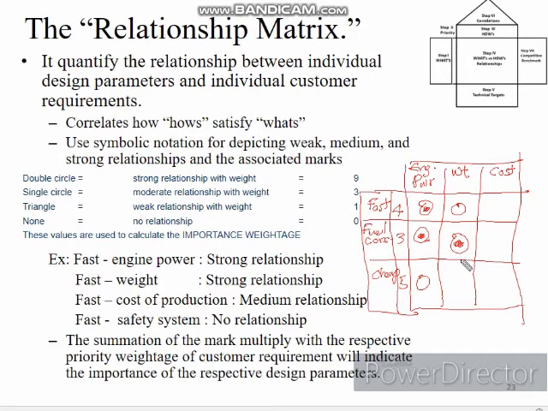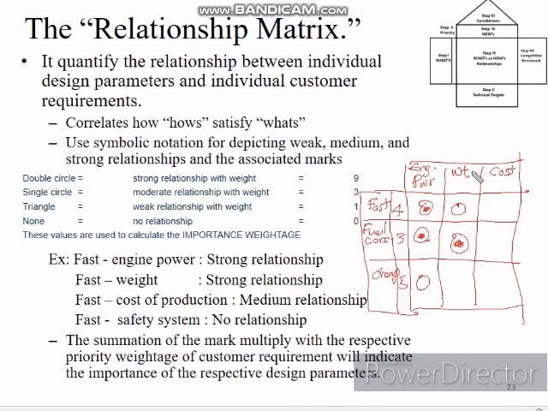Again, you have to do this in a group, and there must be consensus. When you fill up this table, the "what" column comes from your customer, so there's not much discussion on that.